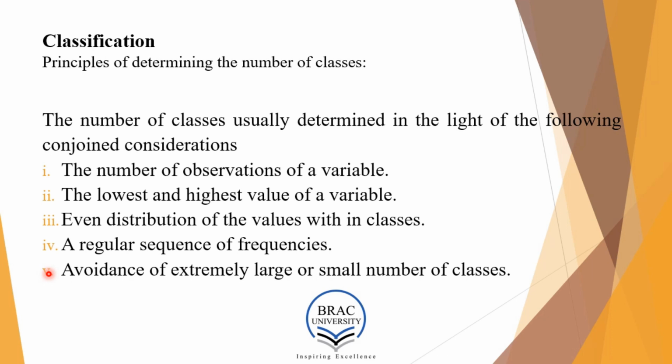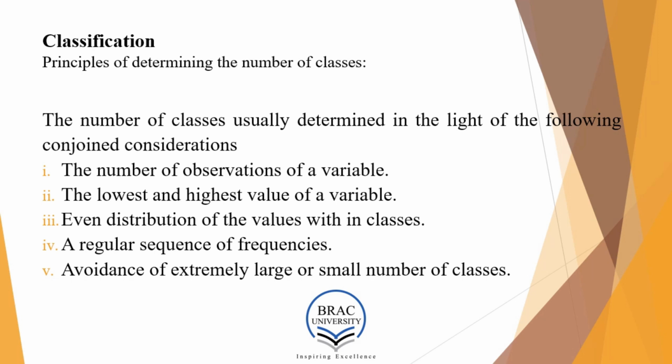In that case, instead of using the name of the district, we can divide the districts into 8 divisions, and that will make our presentation easy, as in that case there will be only 8 divisions.